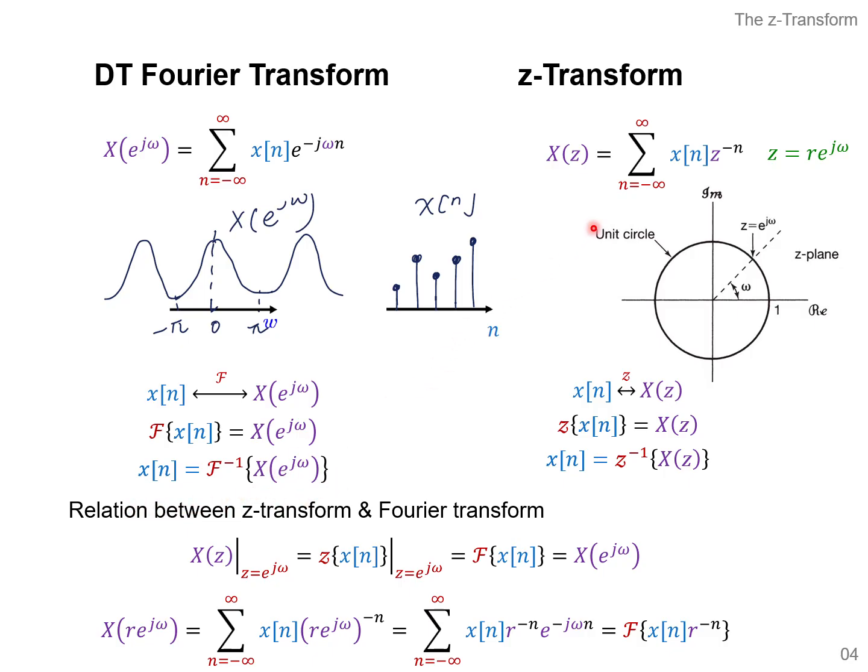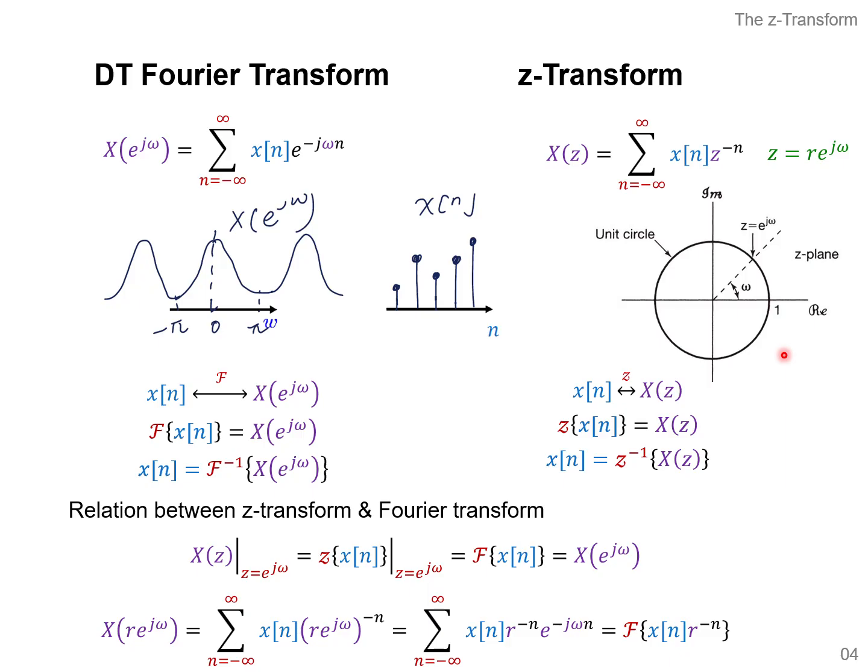The Z transform is a more general tool. It uses Z equals R times e to the j omega. Here, R is the magnitude, and omega is the angle. So in the Z domain, we show signals on the Z plane.